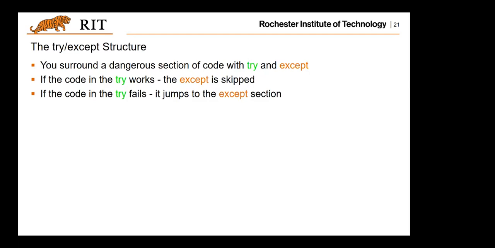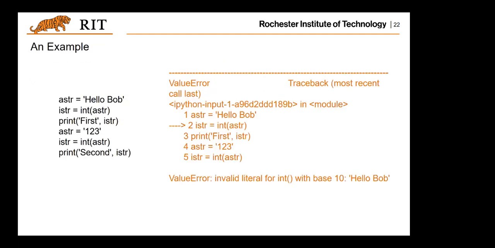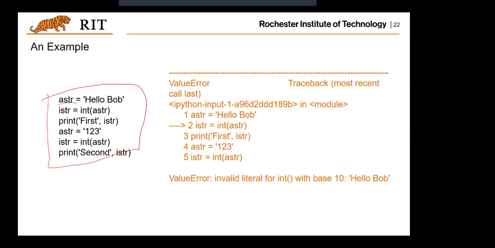So let's look at a set of code. Basically we have the code showing here. We have a variable, and we assign hello Bob to this string, but we do a very dangerous operation in the second line.